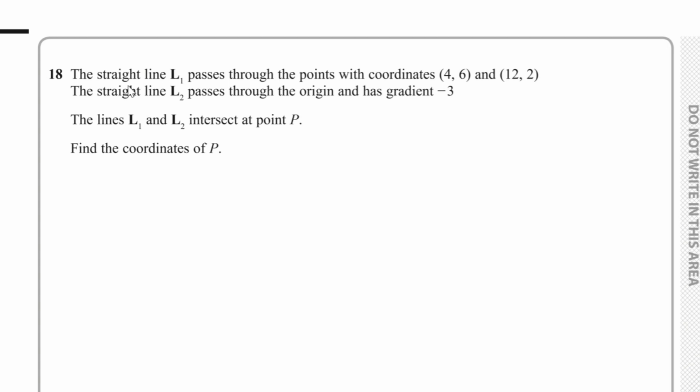Question number 18. The line L1 passes through the points with coordinates 4, 6 and 12, 2. The line L2 passes through the origin and has gradient minus 3. And what we have to do, given that L1 and L2 intersect at P, is find the coordinates of P. Well, let's focus on line L1.